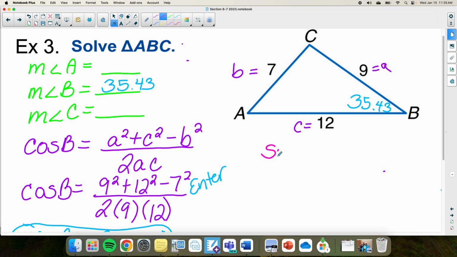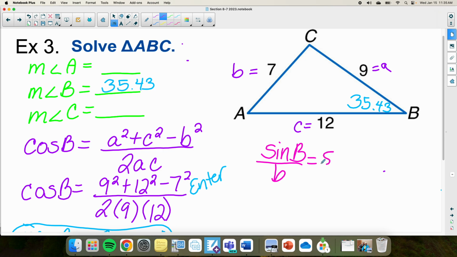You have to have an angle and its opposite side to do law of sines. And for the second step, you want to find the second smallest angle. A is across from 9, C is across from 12. Which one would I use?